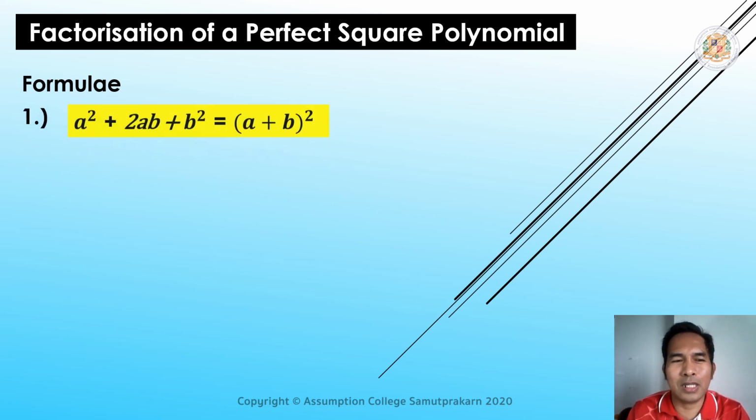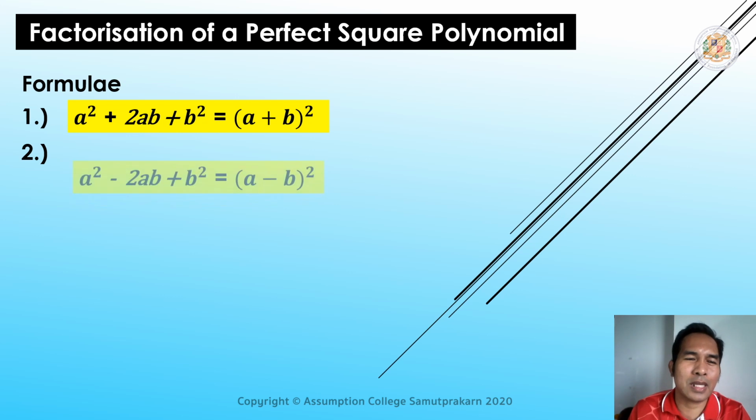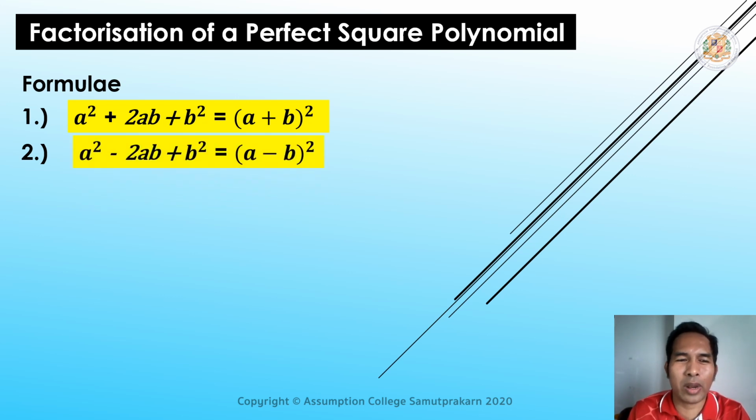Number one formula is a squared plus 2ab plus b squared equals the quantity a plus b squared. Next, the second is a squared minus 2ab plus b squared equals the quantity a minus b squared.